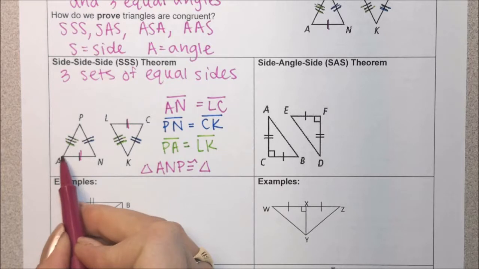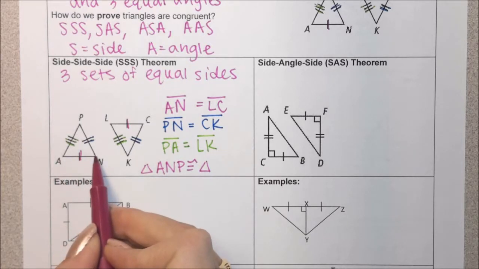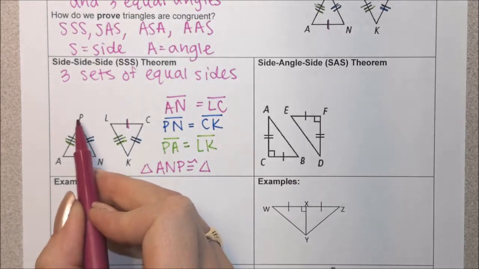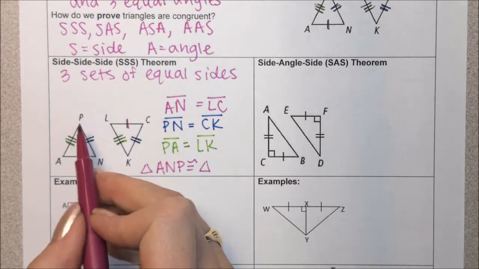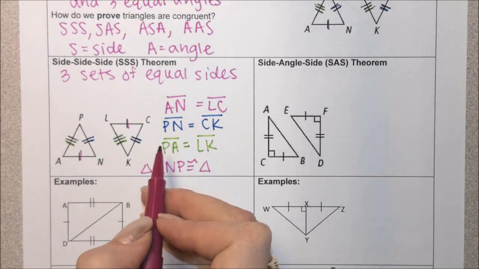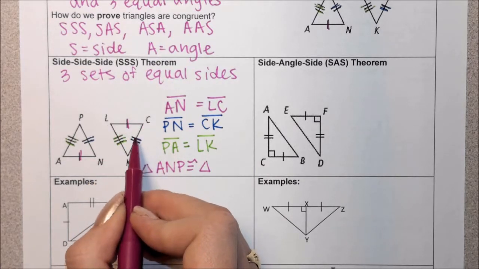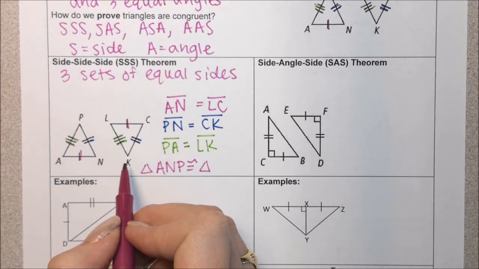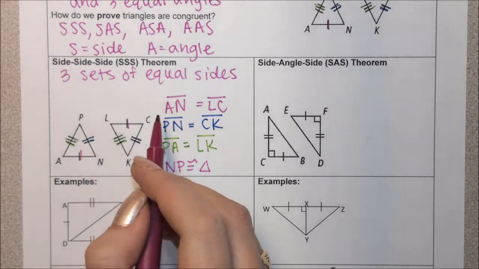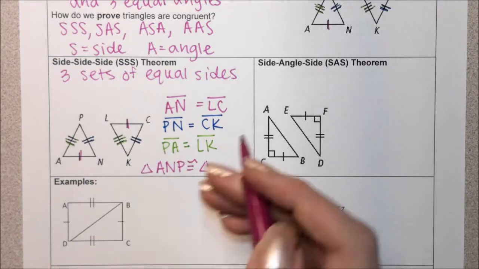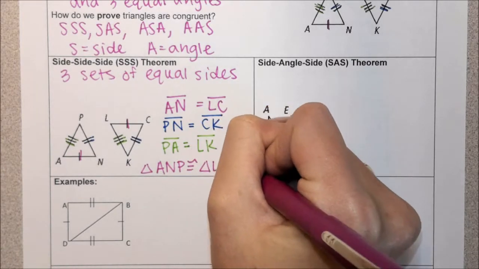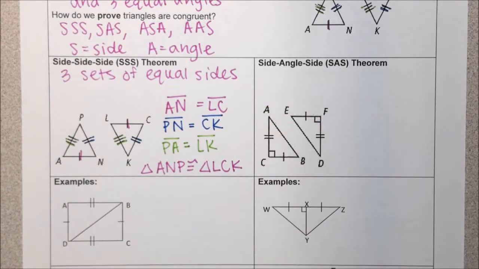If I started at A, I went along the side that had one dash mark. And then I went up to P along the side with two dash marks. So I need to go in the same order over here. I need to go along the side with one dash mark and then down the side with two dash marks. So that order would be L, C, K. Now I know that those two triangles are congruent.